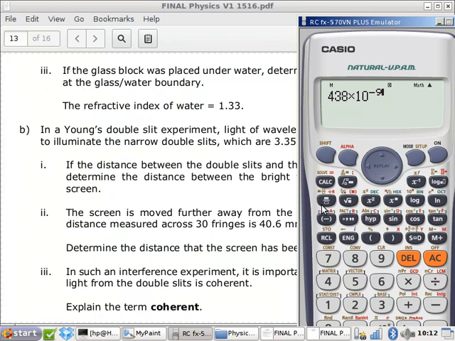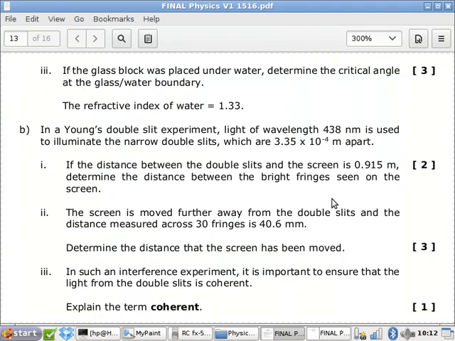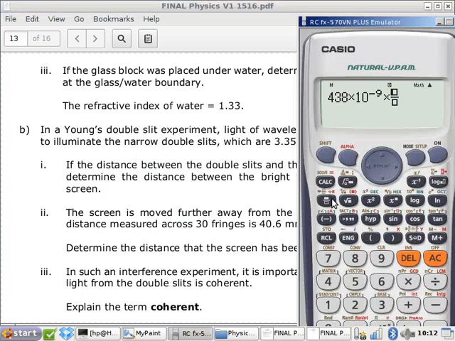Oh, for goodness sake. And 0.915. Yeah. 3.35. I hate when I do that. Start again. You can undo it. No, I can't actually.